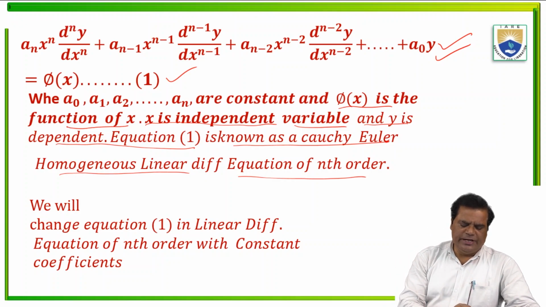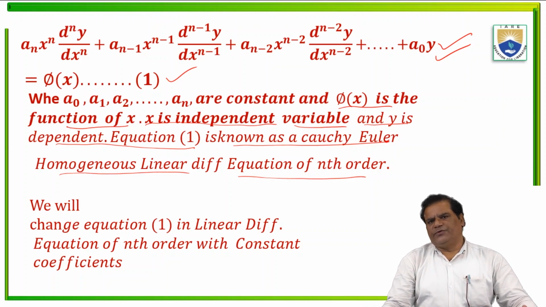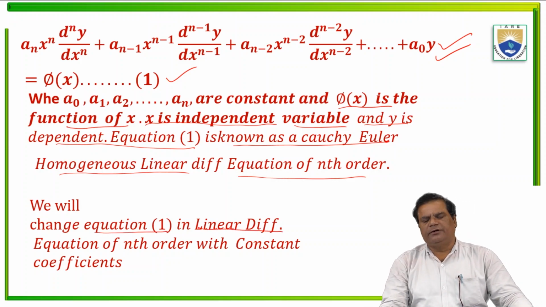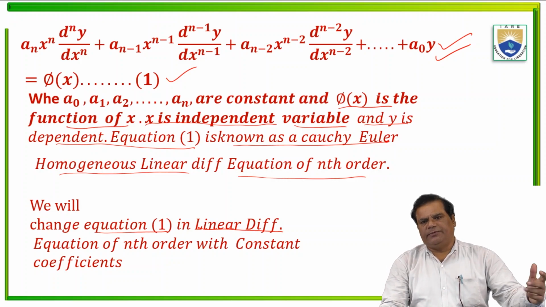Now we will see how we can solve equation 1. First of all, we will change equation 1 into a linear differential equation of nth order with constant coefficients, which was discussed in the last chapter.